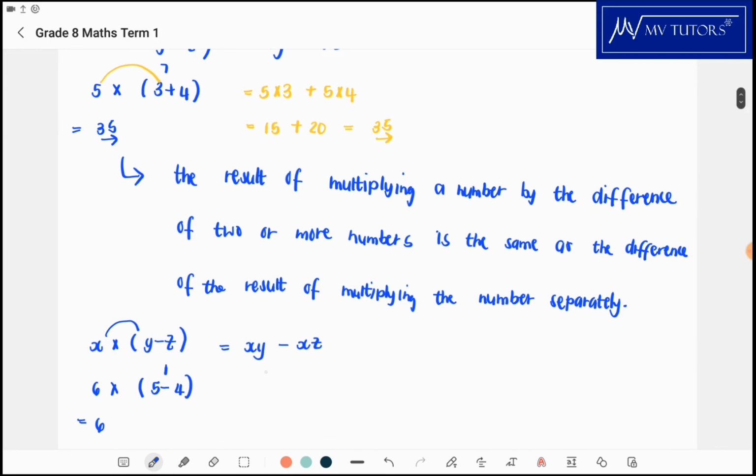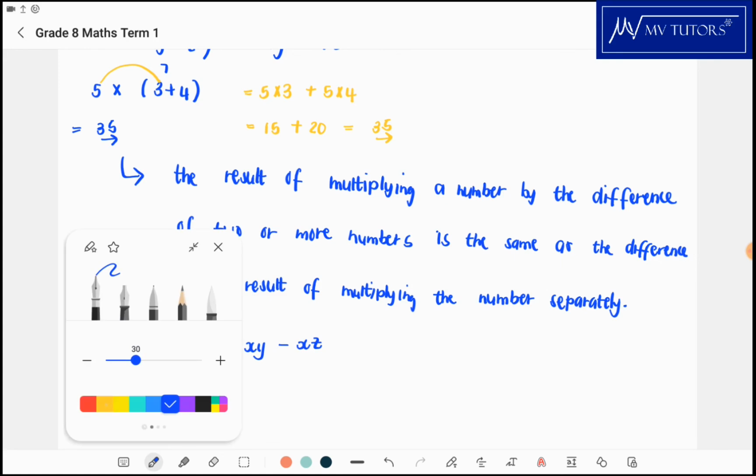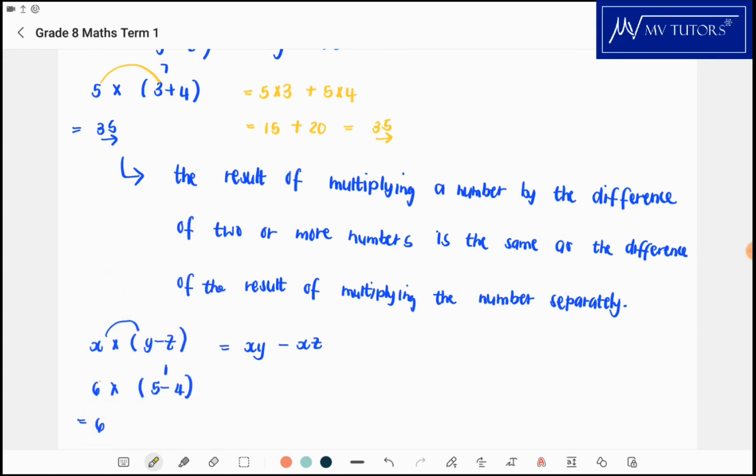Now on the other end, I say 6, using a different colored pen, 6 times 5 minus 6 times 4. So 6 times 5 is 30, and 6 times 4 is 24. What is 30 minus 24?